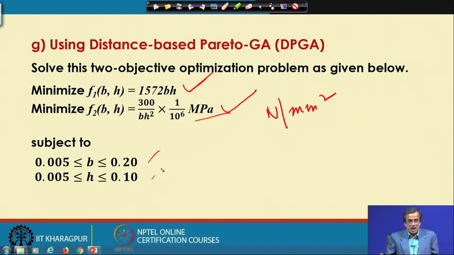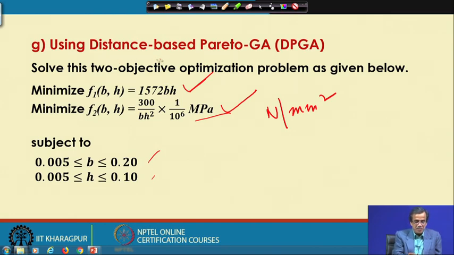Now, let us see how to tackle this type of problem having two objectives, where both the objectives are conflicting in nature, and our aim is to minimize both. So, let us see how to find the optimal solution, or the Pareto optimal front. I am going to discuss a particular method called the distance based Pareto GA.